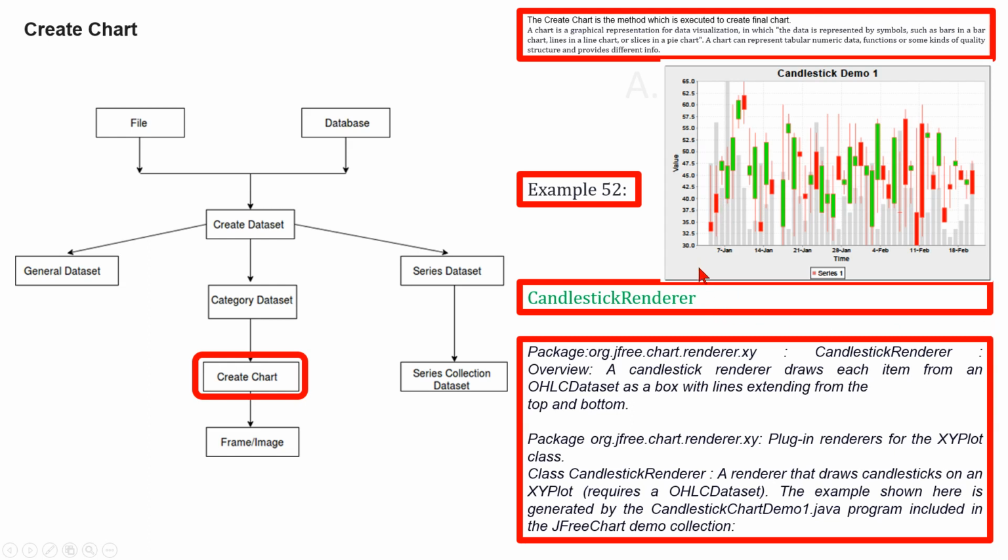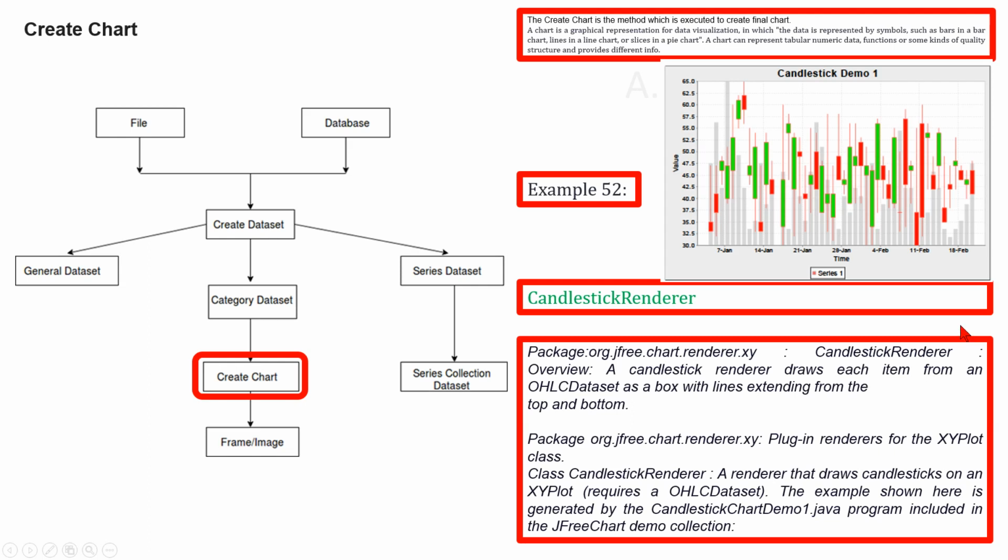Here's the class candlestick renderer, a renderer that draws the candlesticks on an xy plot. It requires an OHLC dataset. The example shown here is generated by the candlestick demo chart demo1.java program included in the JFreeChart demo collection.